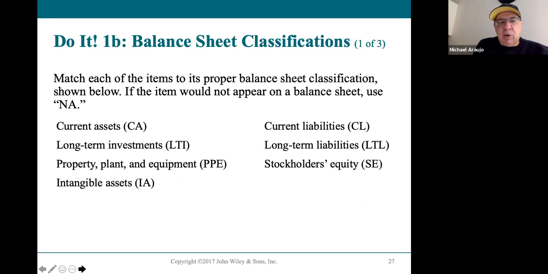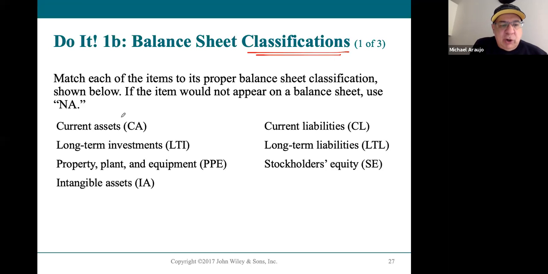All right, so we're going to do a little exercise here. That's very important because one of the things you have to understand is that these classifications really, really matter. Once you look at an account, you should be able to classify it accordingly.